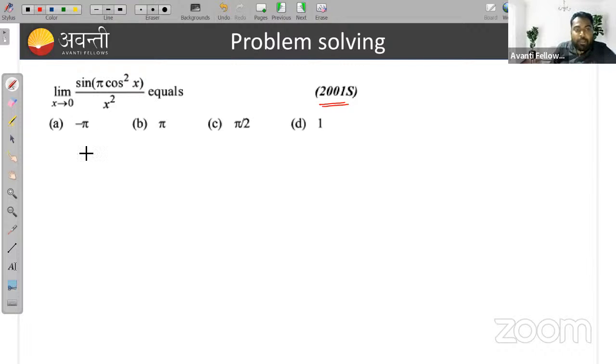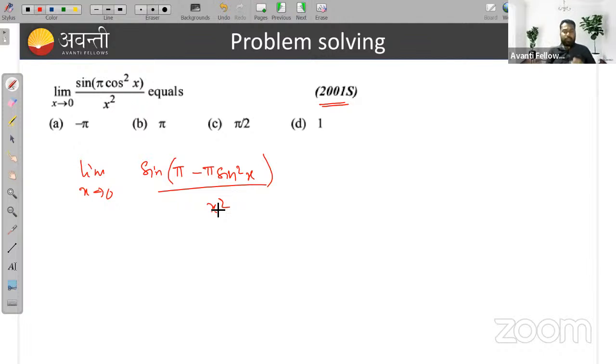It is given that limit as x tends to 0 of sine of pi cos square x. I write sine of pi minus pi sine square x. Can I write this? Yes, we can, because we know cos square x is 1 minus sine square x. Also, sine of pi minus x is sine x.